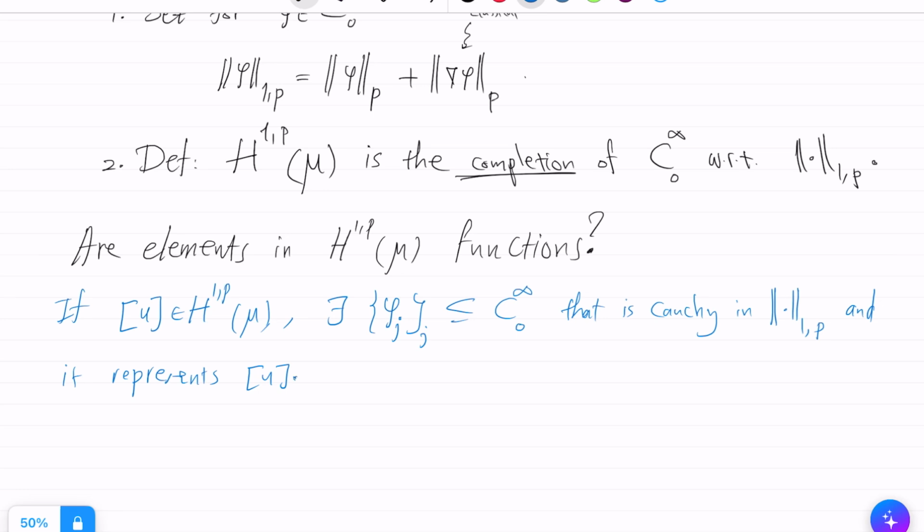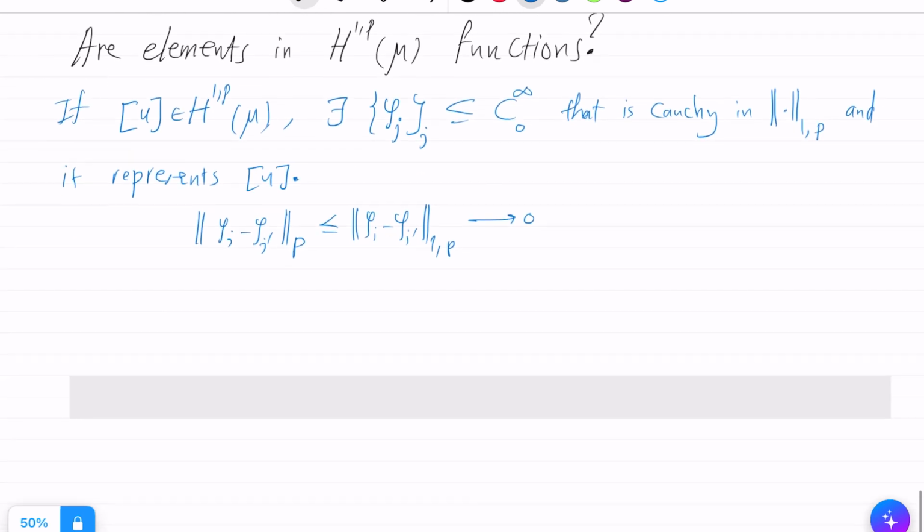For example, if you take a subsequence of these same φj's, that's another way of representing this. But let's fix one representative. Now notice that if you look at the norm of φj minus φj' in Lp, all again with respect to the new measure, this by definition is less than the 1p norm of φj minus φj'.